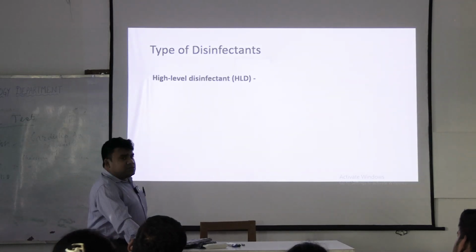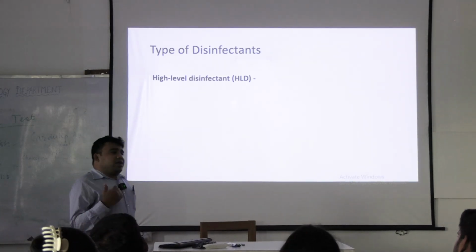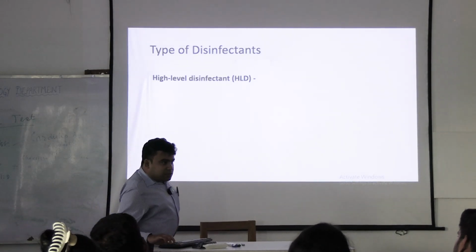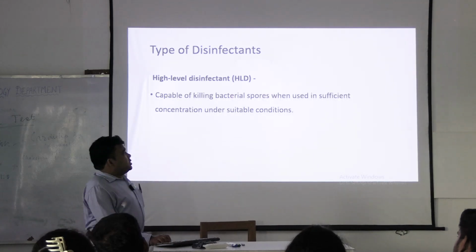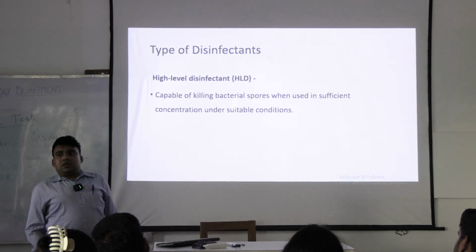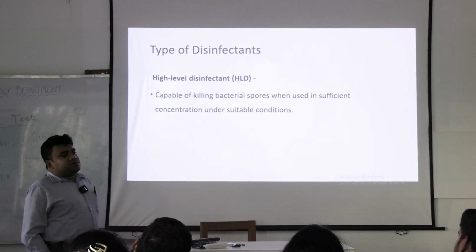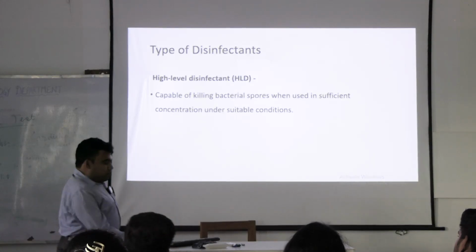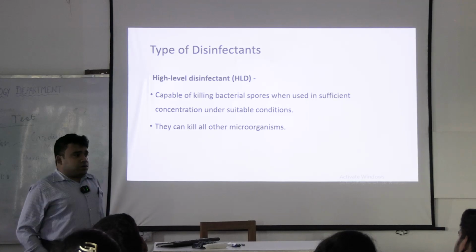So, disinfection has been further divided into three types: high level disinfection, intermediate level disinfection, and low level disinfection. So, what is high level disinfection? If used in a sufficient concentration, it will achieve sufficient killing, and it will kill all types of microorganisms.